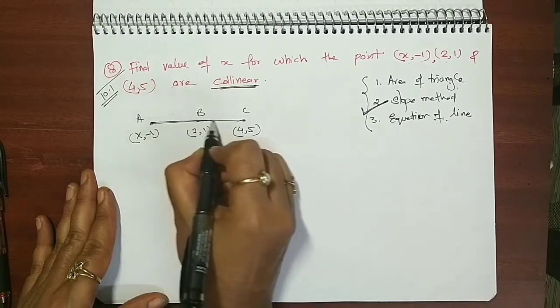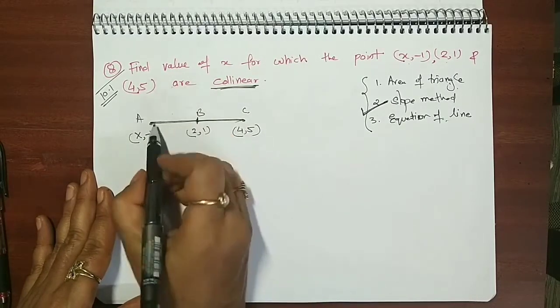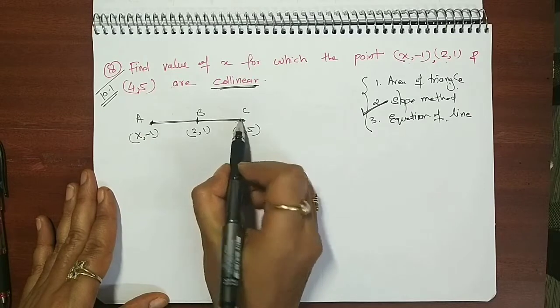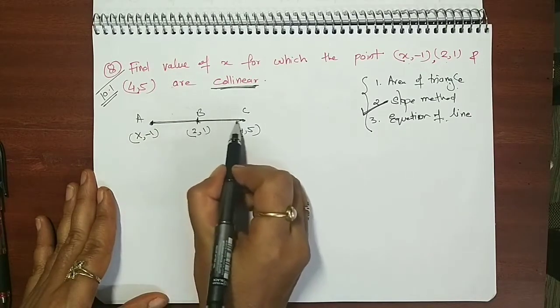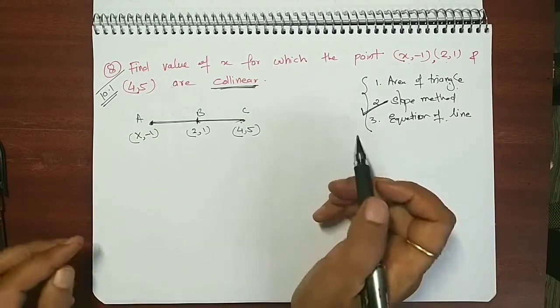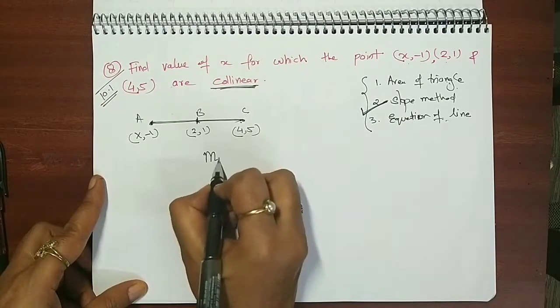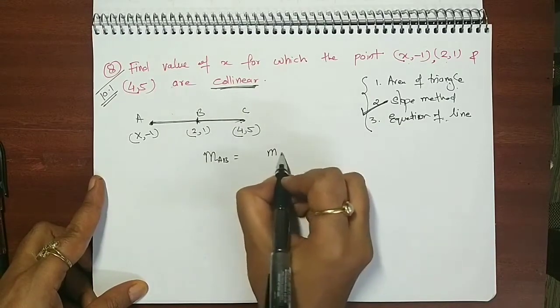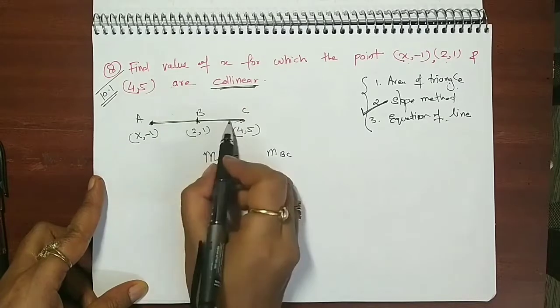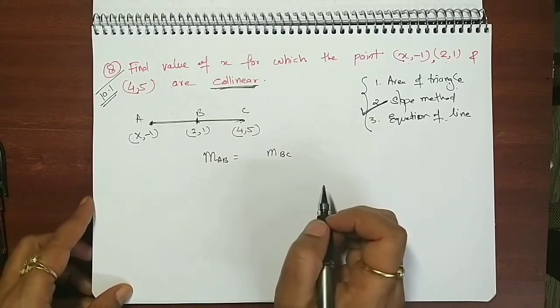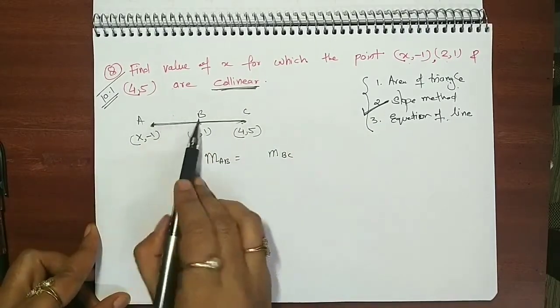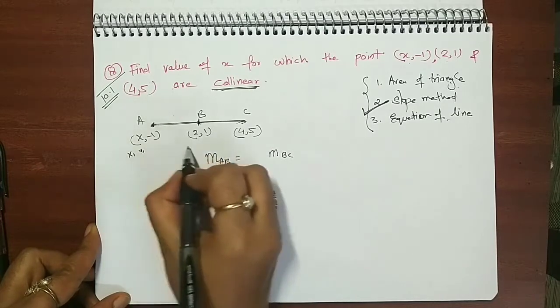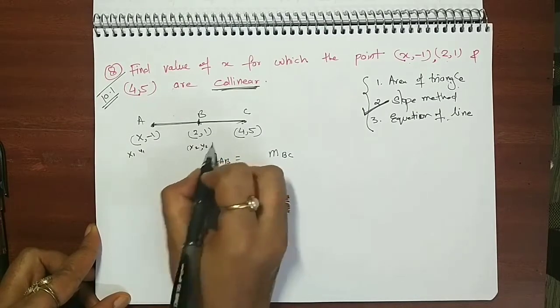If they are in the same line, then if I take the slope of AC or AB or the slope of BC, they all are the same only, right? So can I say that the slope of AB is the same as the slope of BC? Because they are the same line only, so their slope has to be the same. Okay, so for AB, if I consider this x1, y1 and this x2, y2, correct?